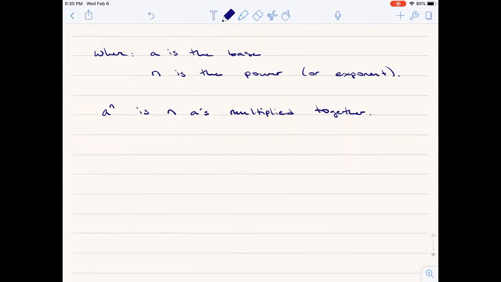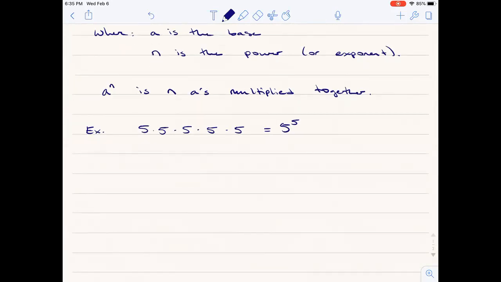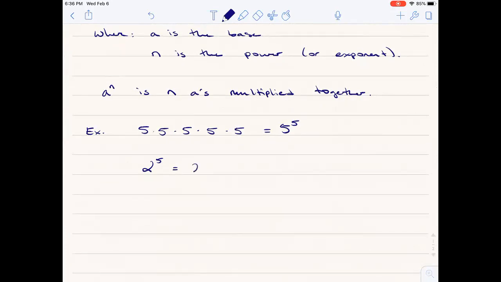So, for just a quick example, if you have 5 times 5 times 5 times 5 times 5, you have to rewrite that. You've got 1, 2, 3, 4, 5. So then you have 5 to the power of 5. Same idea. If you have to write out 2 to the power of 5, that's going to be 2 times 2 times 2 times 2 times 2. 1, 2, 3, 4, 5. Right. So far, so good.